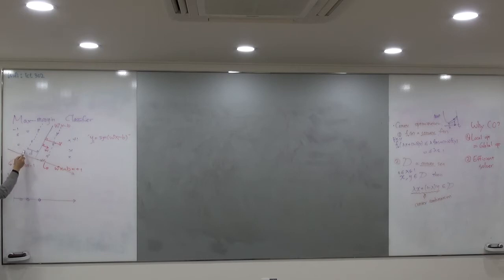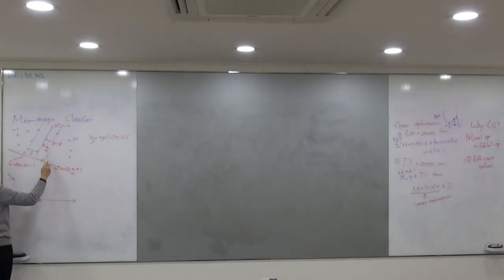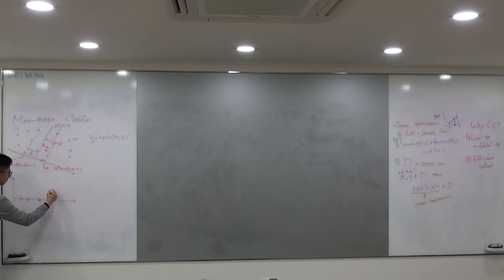So all of these data are -1. All of these, all the yi's of these data, are +1. So in order to draw properly, the data should project like this. And this value must be -1, this value must be +1. Is it okay?